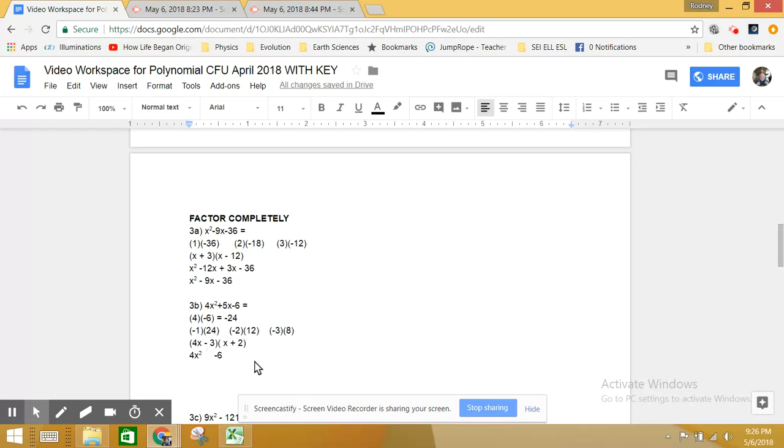Our outside is 4x times 2, so that's positive 8x. And our inside is negative 3 times x, which is negative 3x. That negative 3x and that positive 8x combine to make positive 5x. We now have 4x squared plus 5x minus 6, and that was what we were looking for.